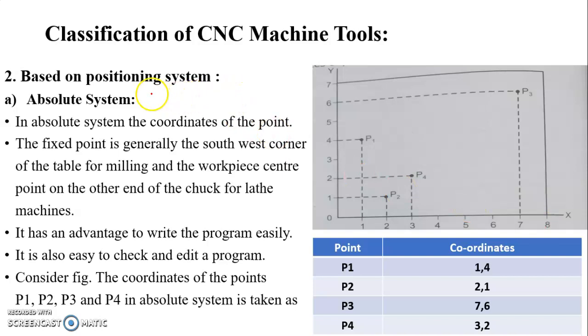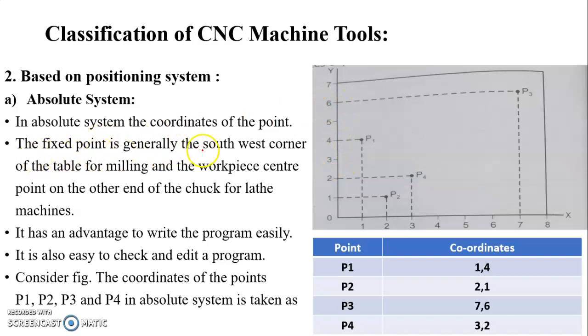Then the second classification of CNC machine tools is on the basis of positioning system. The first is the absolute system. In the absolute system, the coordinates of the point are shown in the figure, along the x-axis as well as along the y-axis.